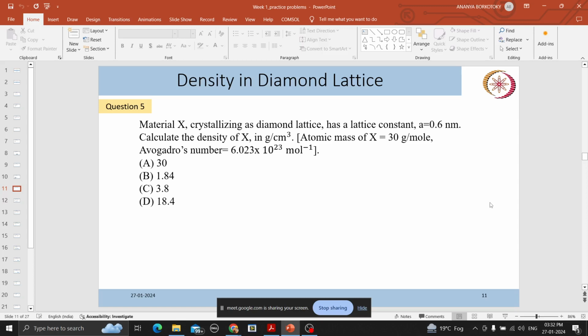I think first we need to know how many atoms are there in diamond lattice, and then finding the density by dividing that atomic mass by Avogadro number multiplied by number of atoms by that lattice constant cube.